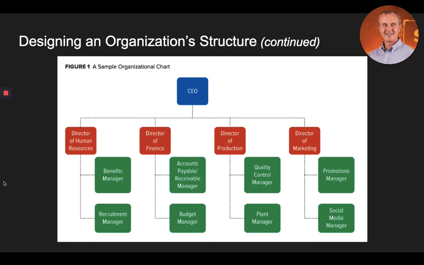The organizational chart should identify the grouping of individuals into distinct departments and highlight specific systems used to ensure effective communication, coordination, and integration of efforts across departments.